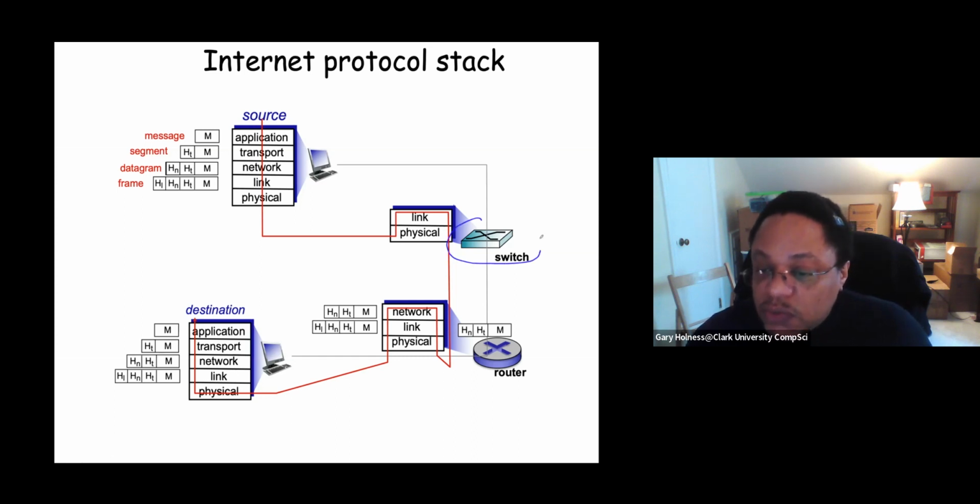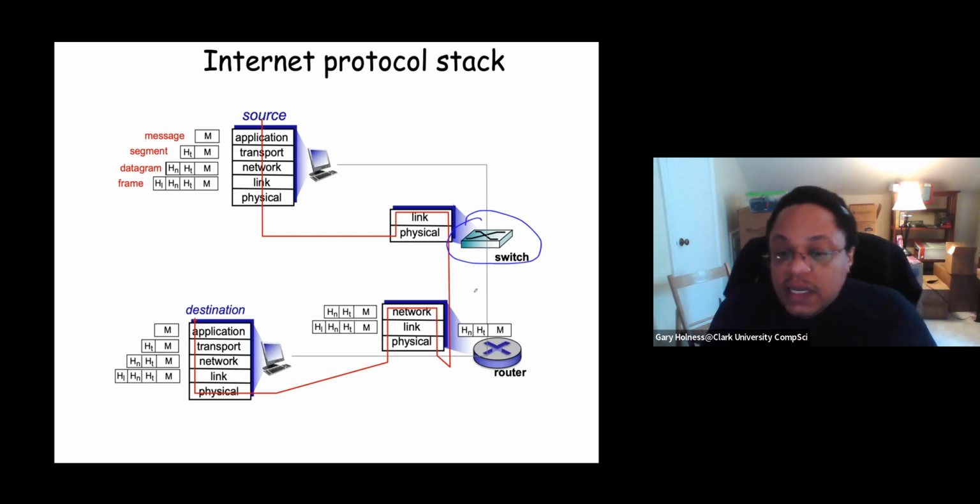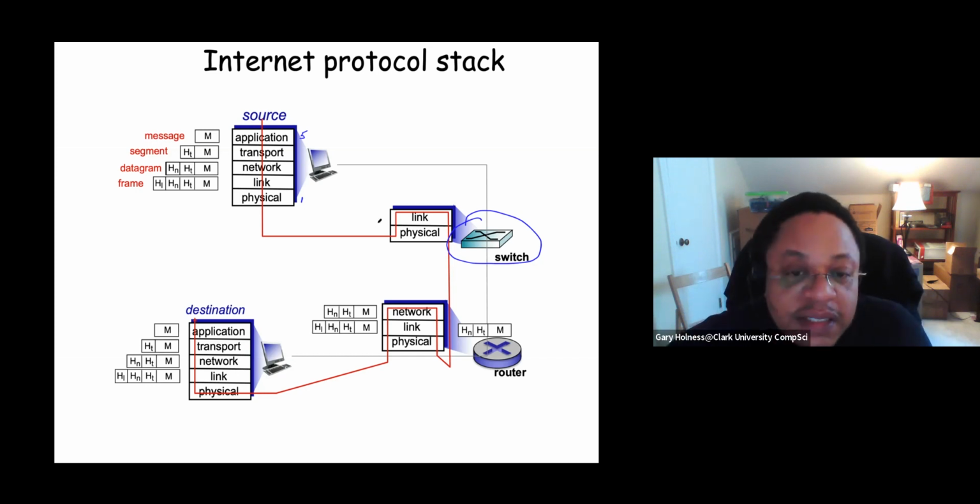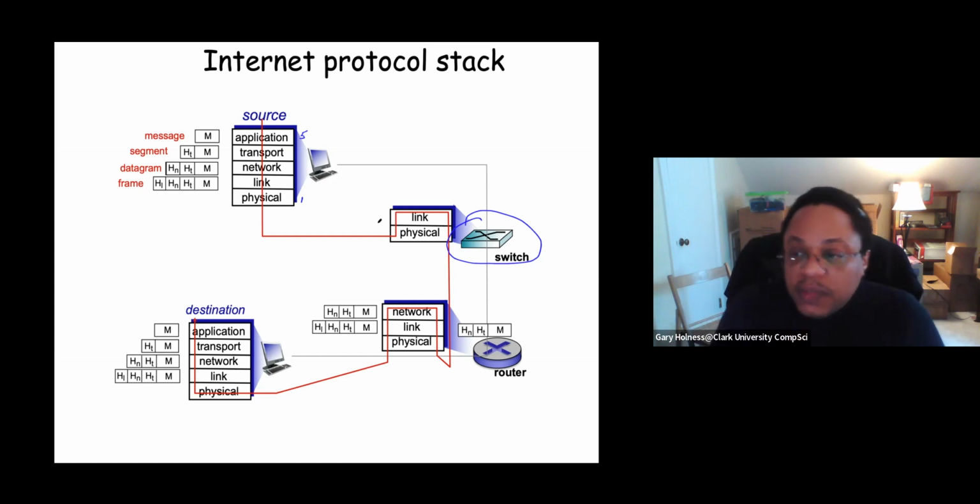A switch is also called a layer 2 device because it deals with information pertaining to the first 2 layers of the 5-layer stack, where we number them layer 1 at the bottom and layer 5 at the top. The link layer pertains to your local area network, these islands of connectivity, these devices that are directly connected to one another without the need to store and forward packets.